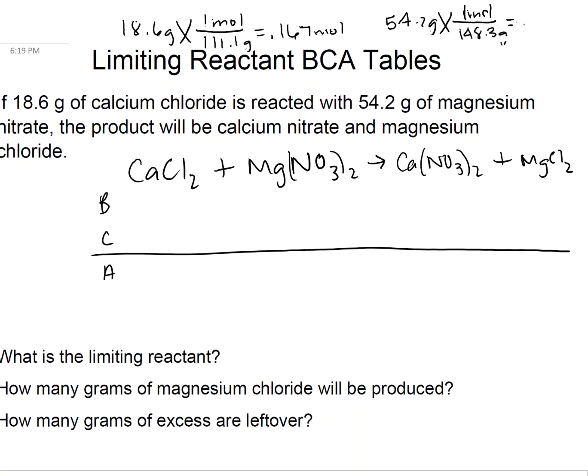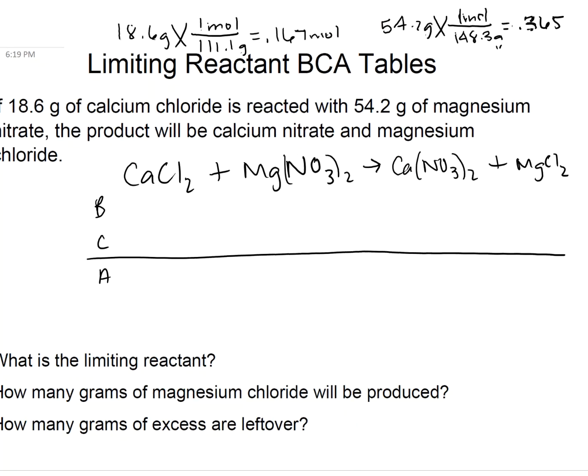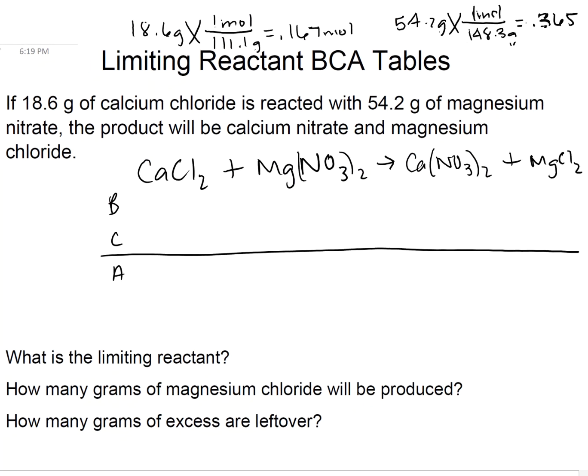That gives you 0.365 moles. Now we are ready to put those numbers into our BCA table. So 0.167 under the CaCl2, 0.365 under the MgNO3, and as always, our products start with 0 moles.